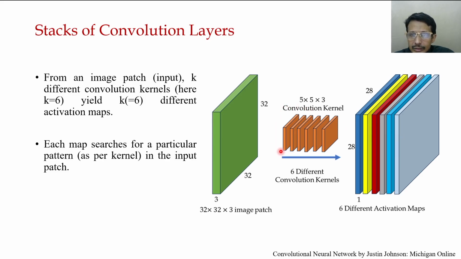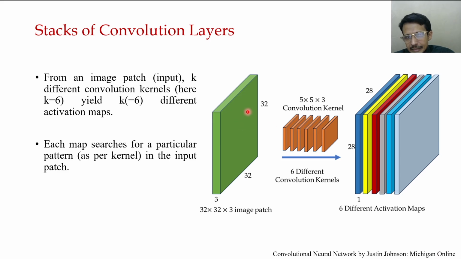Why do we use these 6 different kernels? Because each kernel is basically searching for a particular pattern. Let's say the first kernel is for a horizontal line, the second kernel is for a vertical line or edge, and another is for some sort of slanting line, and so on. This is the way we can find different kinds of patterns.